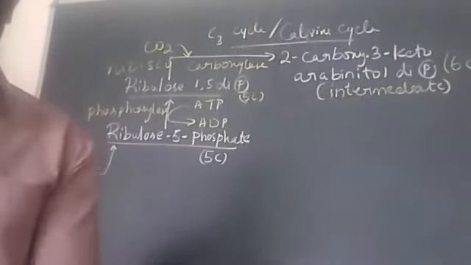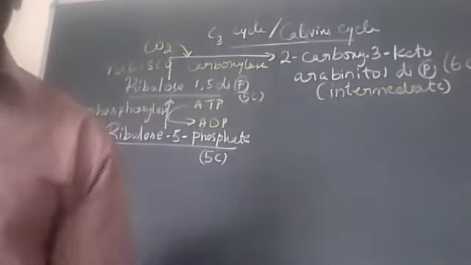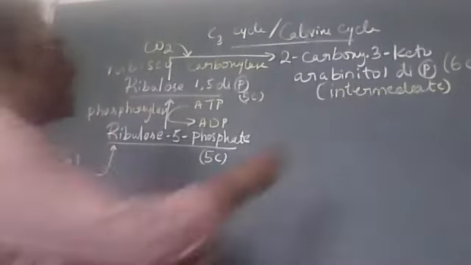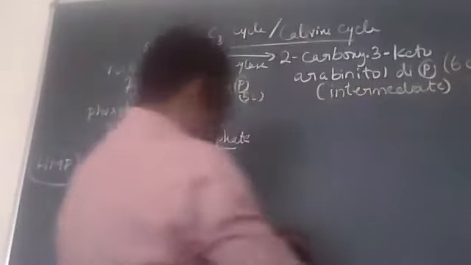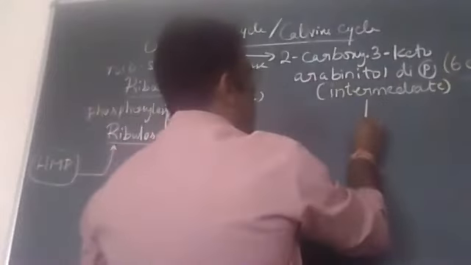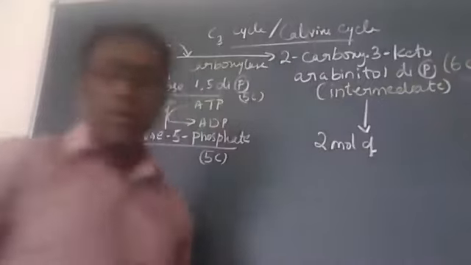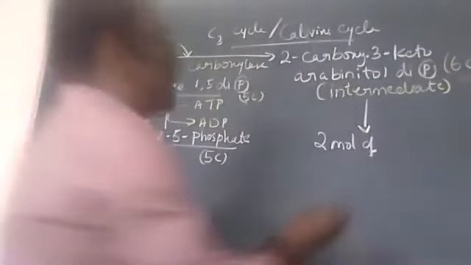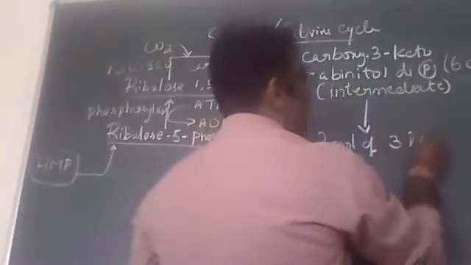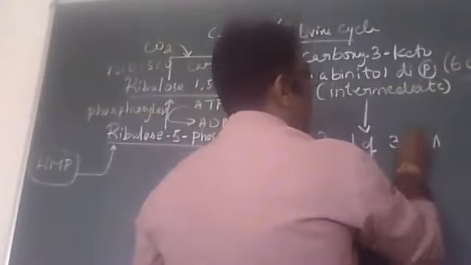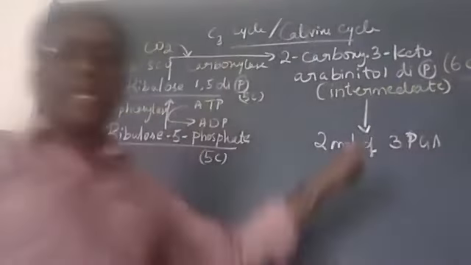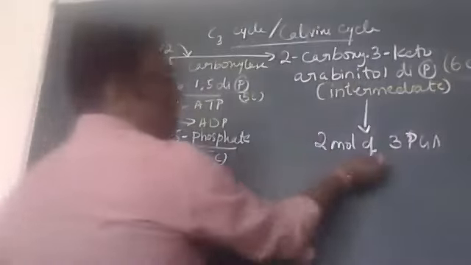This unstable compound will form 2 molecules of, remember children, not 1, 2 molecules of 3-phosphoglyceric acid, 3-PGA, I'm writing the short form. 3-phosphoglyceric acid, 2 molecules.